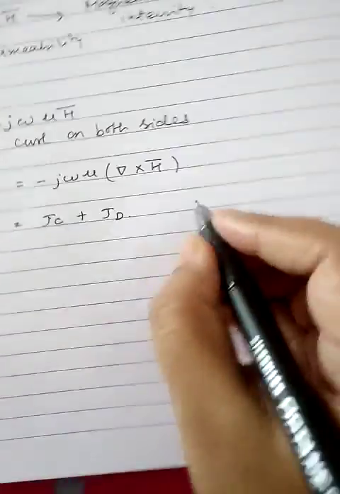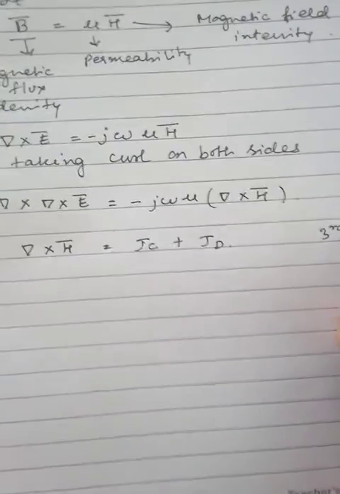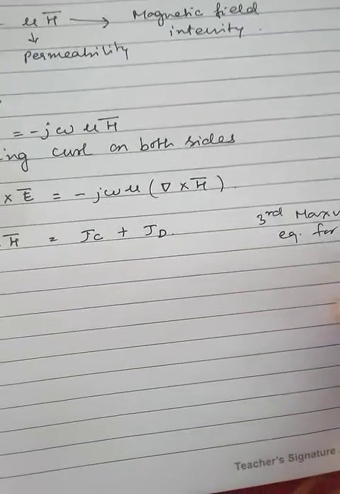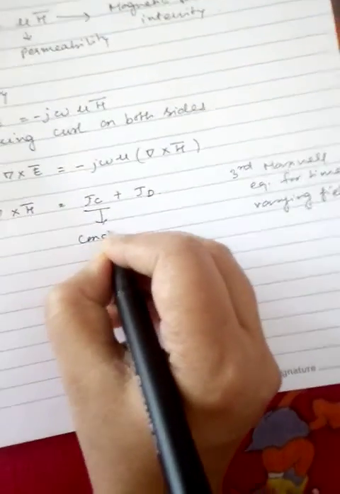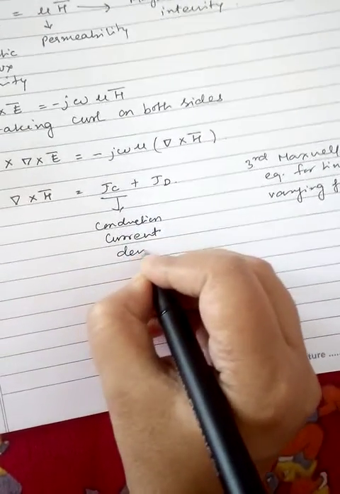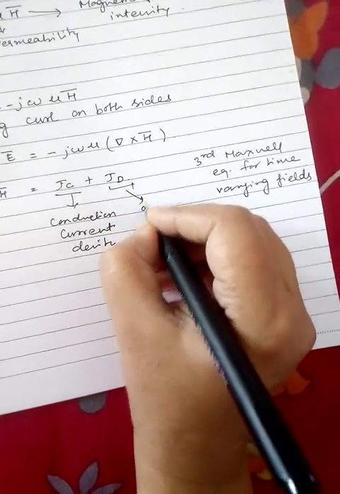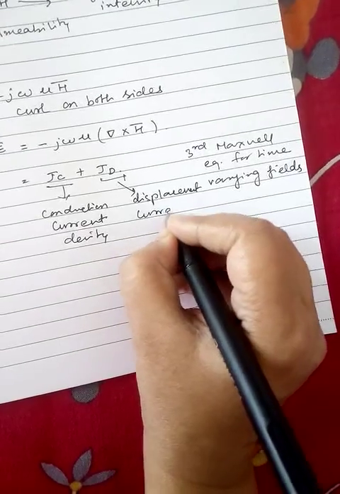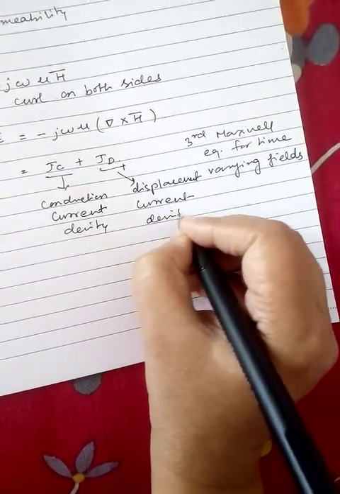Again, this is the third Maxwell equation for time varying fields, and Jc is the conduction current density, and Jd is the displacement current density. Again, these are all vectors.